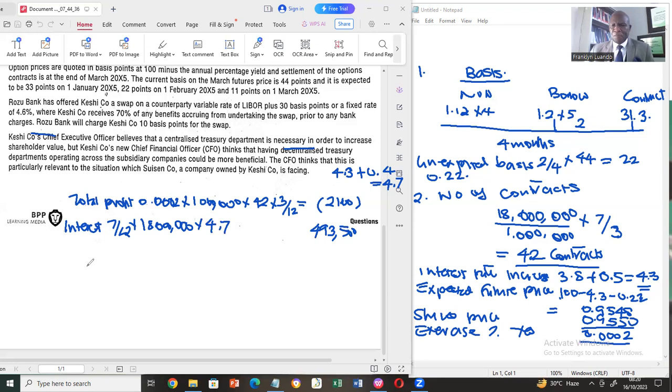Then now, the premium. There will be a premium to be paid. Whether you are buying the call option or the put option, you need to pay the premium. So we can check on the table how much premium.